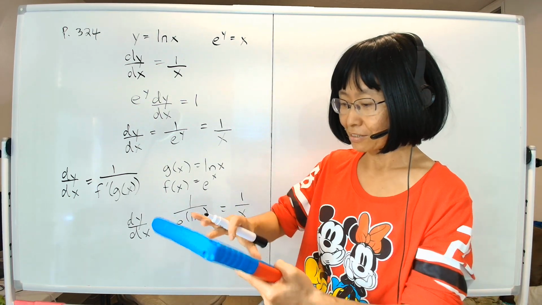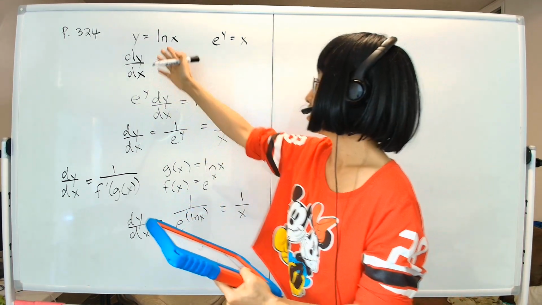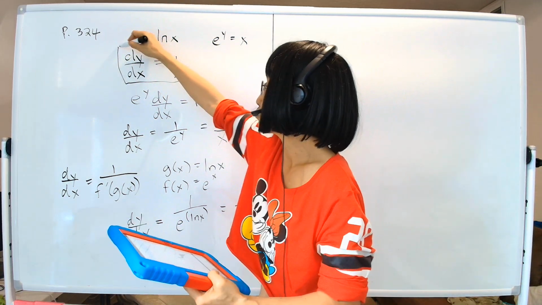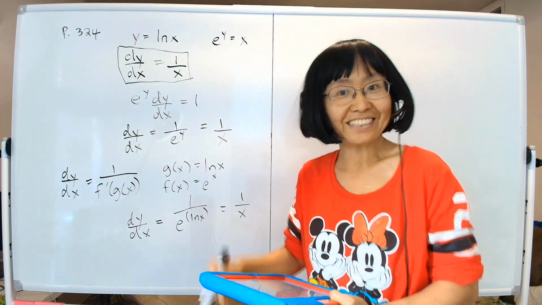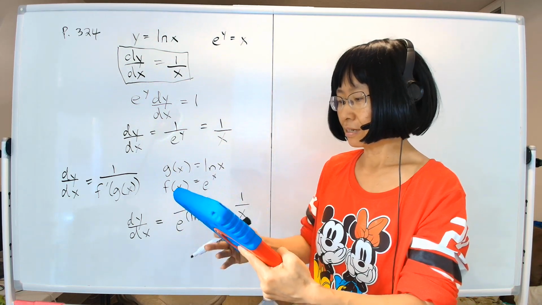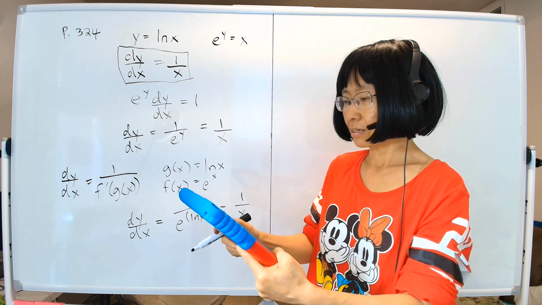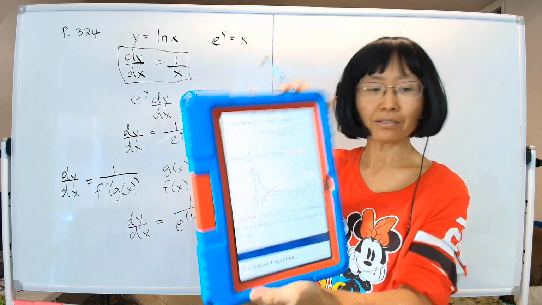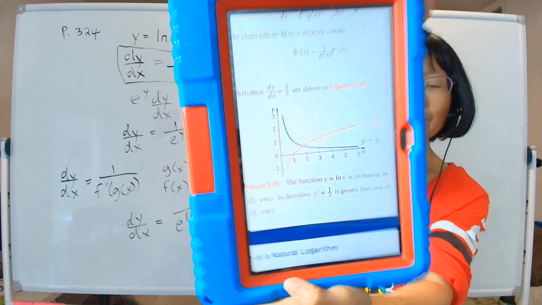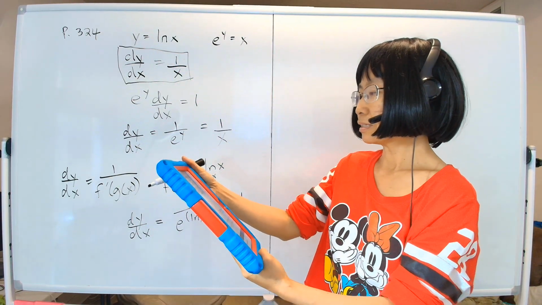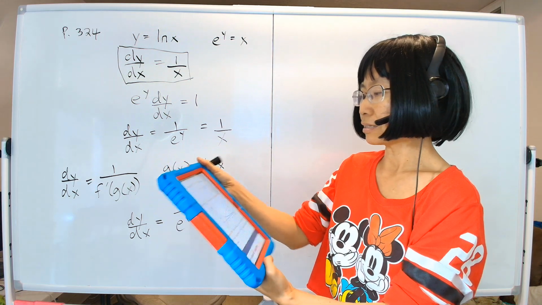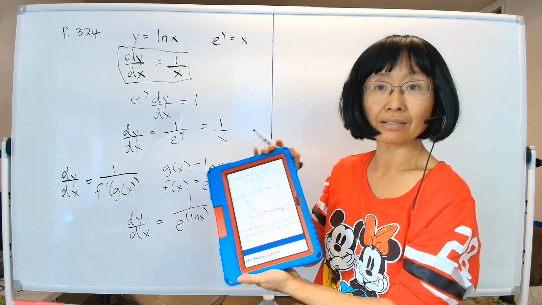So we have done two proofs that the derivative of the natural log is 1 over x, which is short and sweet, right? Now let's look at the graph of the two functions briefly. I'm going to draw it out. Let's look at the graph in your book, which shows that ln x is a slowly increasing function.